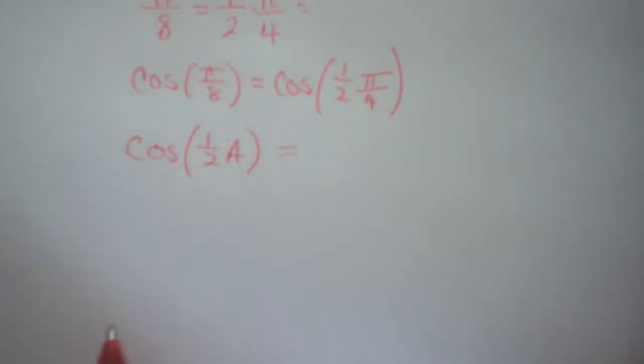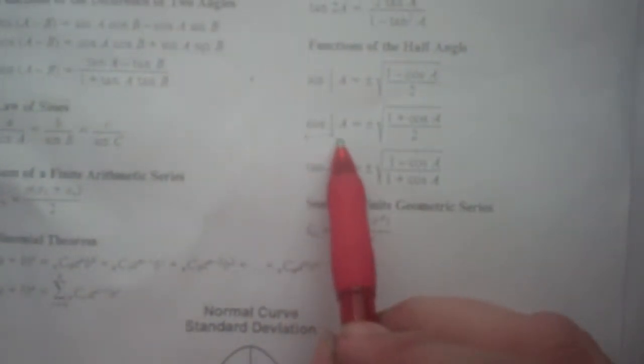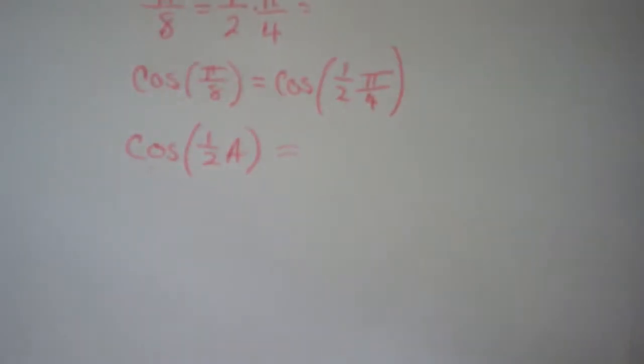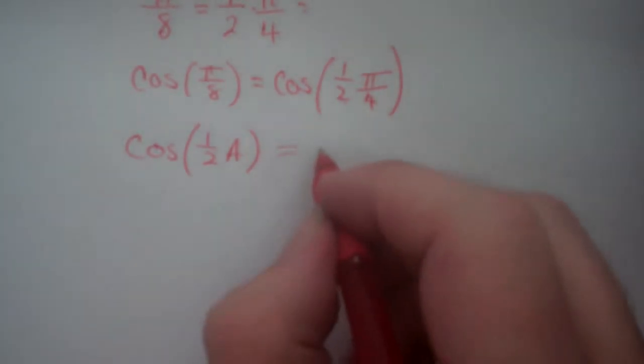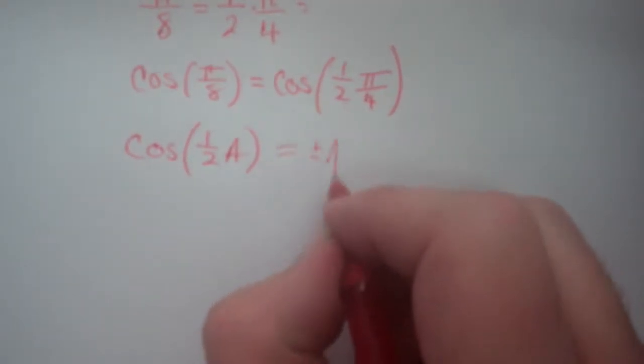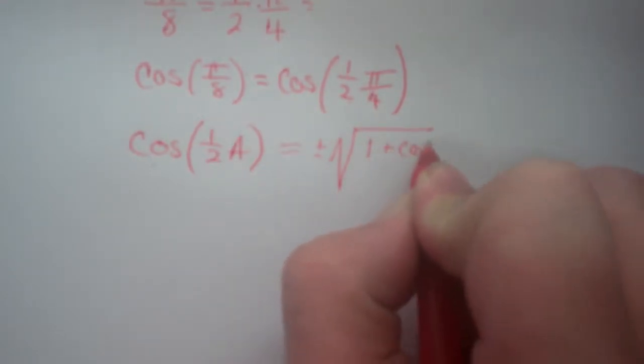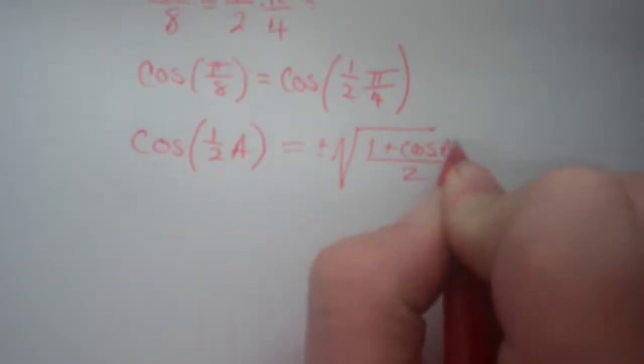In fact, if you look on the reference sheet, underneath where it says functions of a half angle, you'll find that right here it says the cosine of 1/2 of the angle is equal to plus or minus the square root of 1 plus the cosine of the angle divided by 2. So you see here, I'll write it down so that it's easy for you to see. It's plus or minus the square root of 1 plus the cosine of the angle divided by 2.